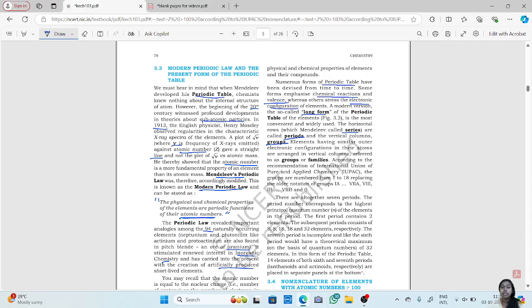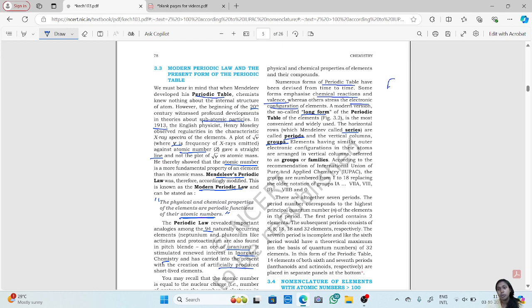The elements having similar outer electronic configuration in their atoms are arranged in vertical columns referred to as groups or families. The outer orbit has the same number of electrons.